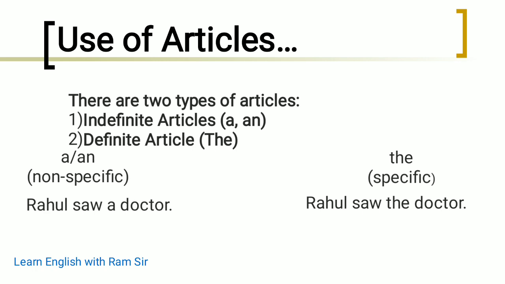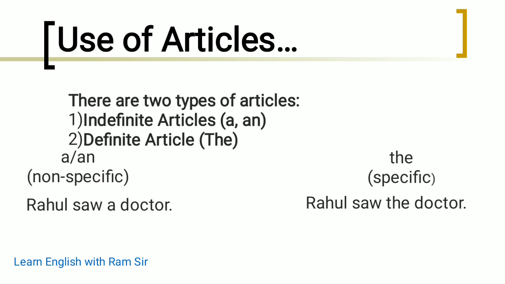Here there is a lot of difference, because here Rahul knows something about this doctor, maybe his name, maybe his hospital, or maybe anything about this doctor. So one can say that Rahul saw the doctor because Rahul knows something about this particular doctor. It means this doctor is specific. This is not non-specific. So I hope that now the concept of indefinite and definite is clear.